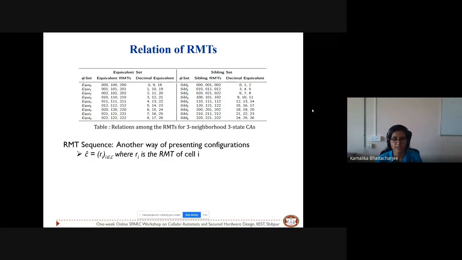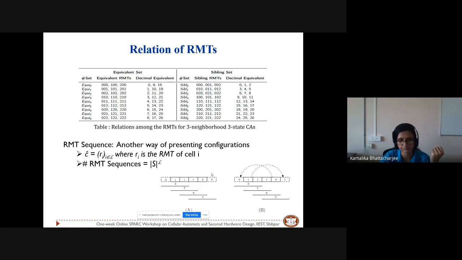This identity sequence is another way of presenting a configuration. For each configuration, we can collect the RMTs corresponding to each of the cells, and those RMTs for the configuration will represent one RMT sequence. The number of RMT sequences will obviously be S to the power L, where S is the number of states, and L is the lattice size of the CA.